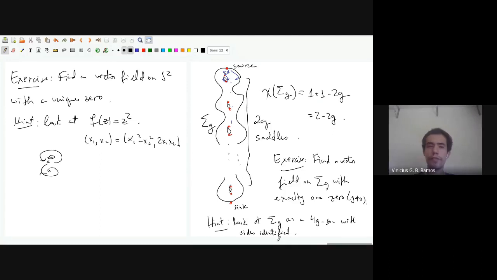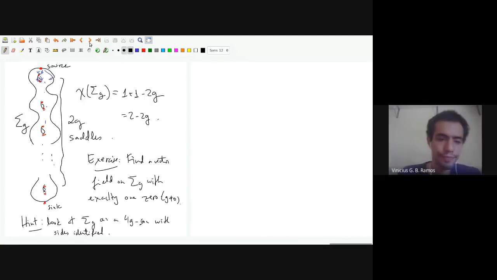I don't know if you've seen this before, but maybe I should say, if you want to look at a torus, you already know that you have A, B, A inverse, B inverse.